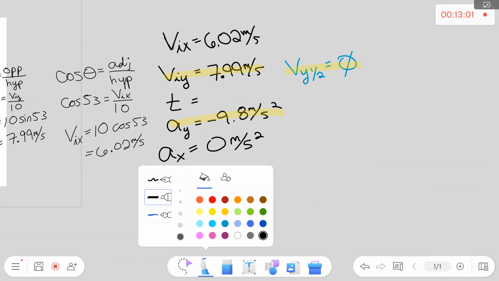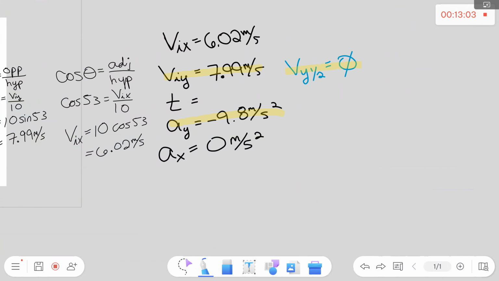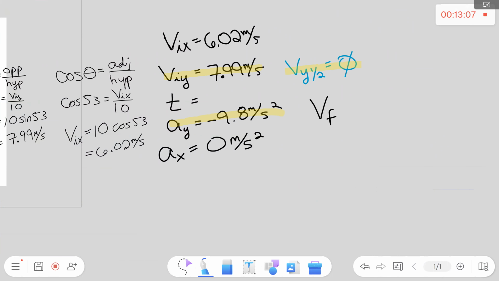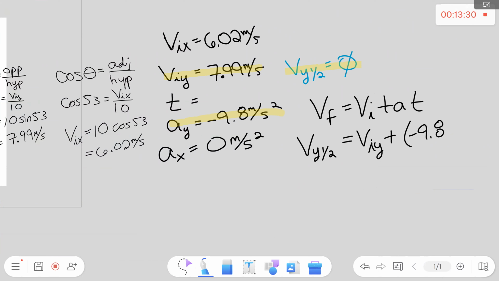So check this out. I'm going to rewrite that first equation, and then we're going to dress it up. Velocity final equals velocity initial plus acceleration times time. Instead of velocity final, we can rewrite it as velocity in the y at the halfway point equals velocity initial in the y direction plus acceleration, which is negative 9.8, times T1 half.